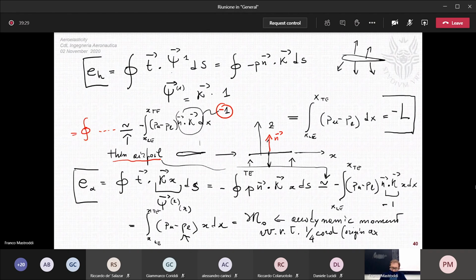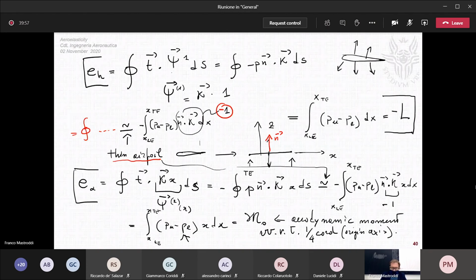Now, a question for you guys as students in aerodynamics. Do you know the amount of this aerodynamic moment in the case of static aerodynamics and in the case of a straight thin airfoil?